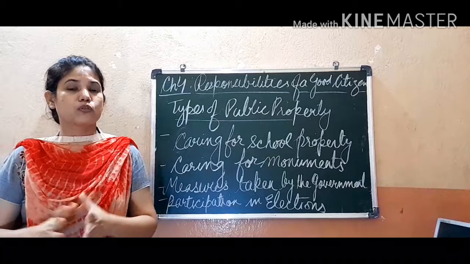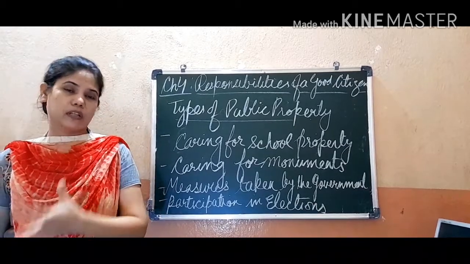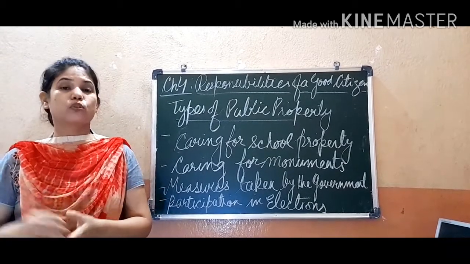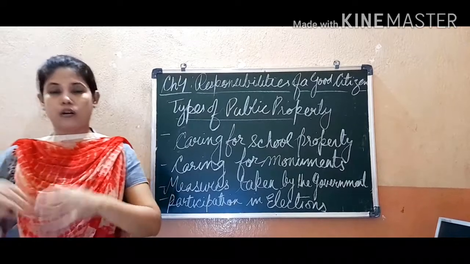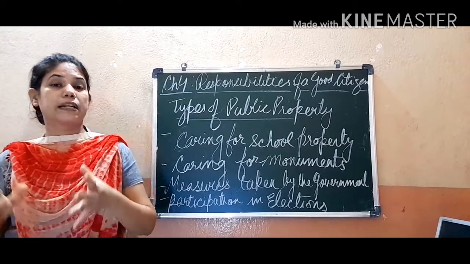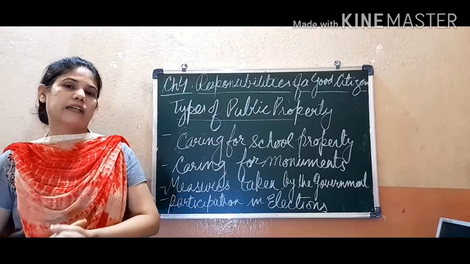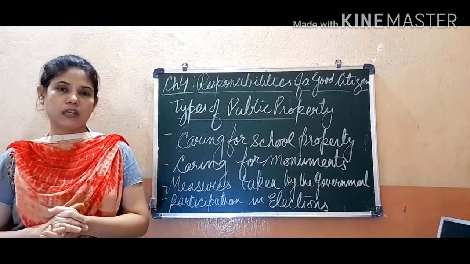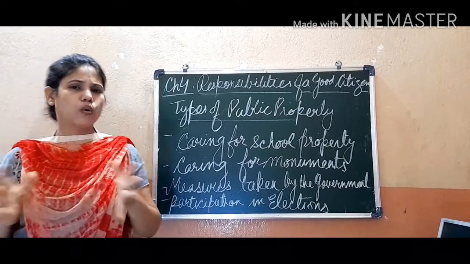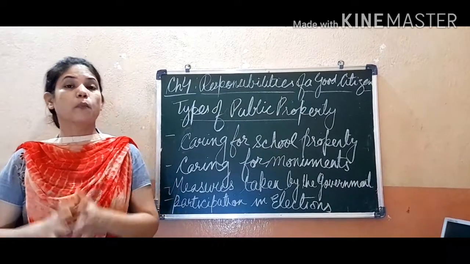For example, we should not damage school desks and benches. We should not scribble on the walls or on the desks or benches. We should not damage the bulletin boards and smart boards, which are very costly, and I think they are installed in all the schools. So we should protect them.